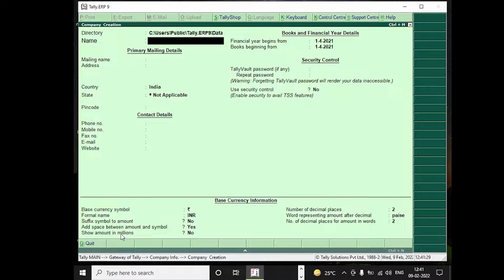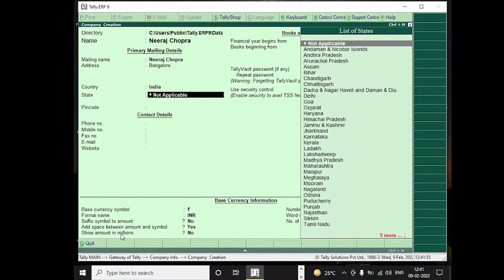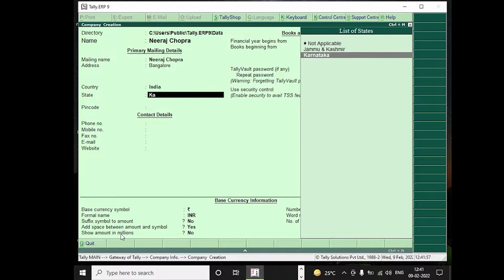Now we can see they are asking the name of the company or the name of the business owner, anything it may be. So give the name, that is Neeraj Chopra. Address, so I'll be giving Bangalore, India, country, and select the state.